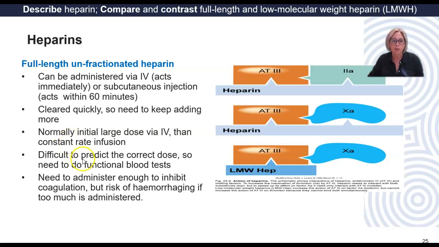It is difficult to predict the correct dose though, so while somebody is having heparin, you need to do functional blood tests all of the time. And the whole aim of administration of this heparin is you want to administer sufficient to inhibit the coagulation, but you don't want to give too much because of the risk of hemorrhaging if too much is administered.